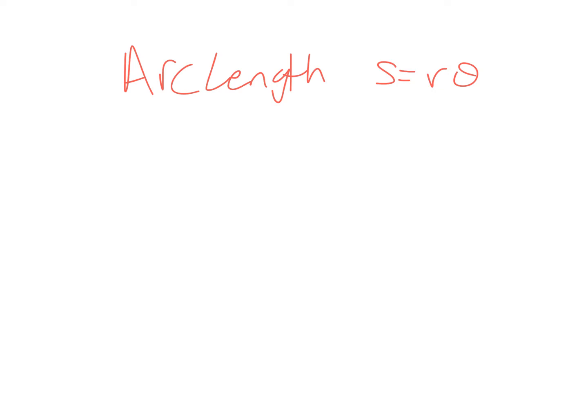Here's the formula for arc length. S equals r theta. What does it all mean? S is your actual arc length. R is your radius. And then theta is your radian measure.